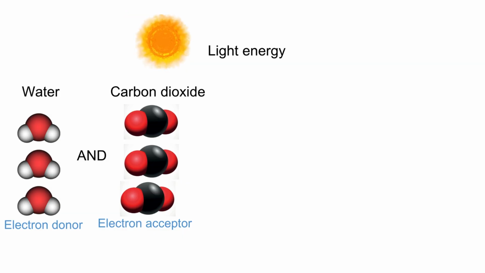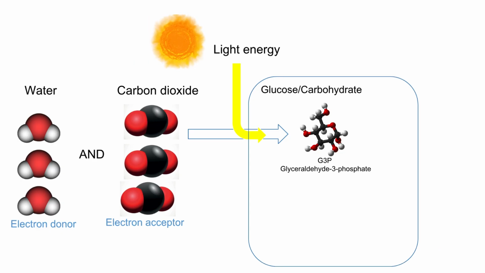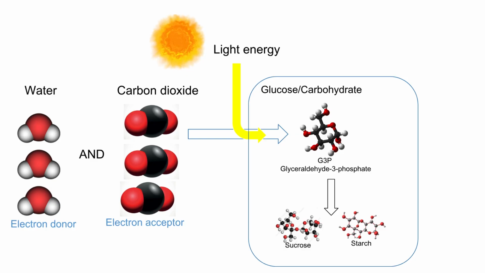Carbon dioxide combines with other molecules to form glucose or carbohydrates, such as a 3-carbon sugar called G3P. Carbohydrates are used to make other organic molecules that plants use to grow and as a source of energy to fuel their lives. An important byproduct of photosynthesis is oxygen.